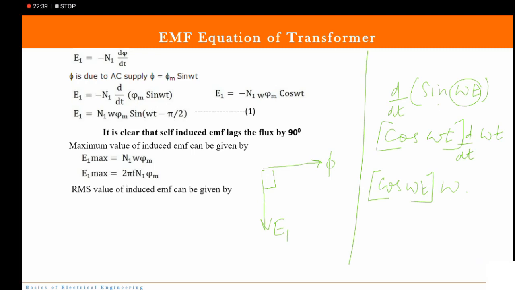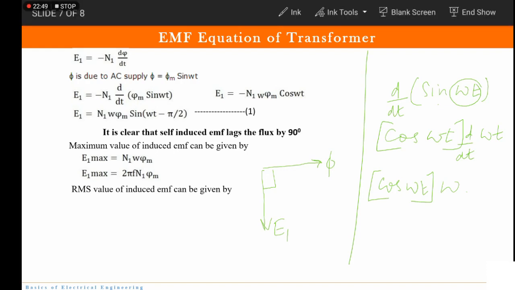And in AC, we are always interested in RMS value. We never talk about peak value, right? So in order to convert, what is the relationship between peak and RMS value? We have done this in AC circuits: RMS value is peak upon root 2.